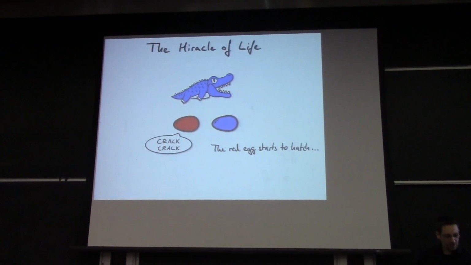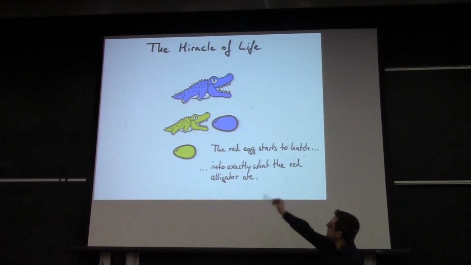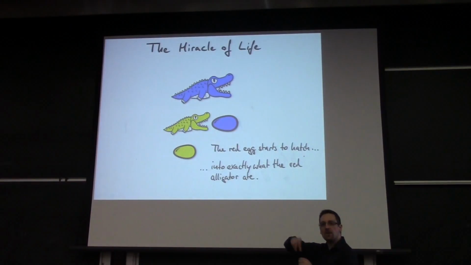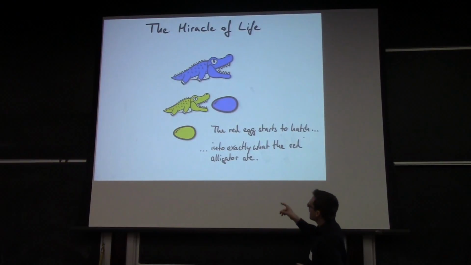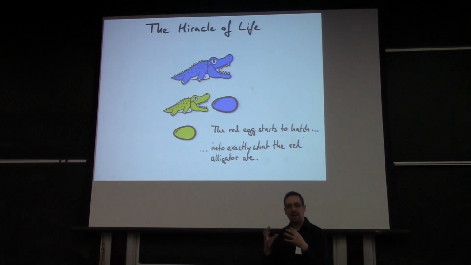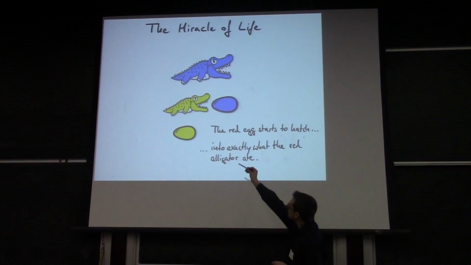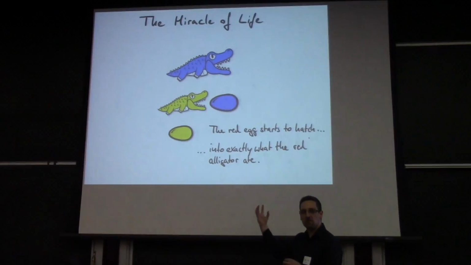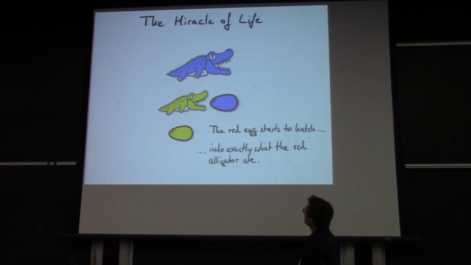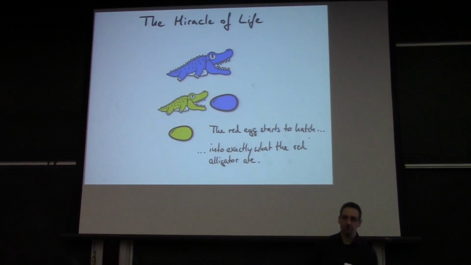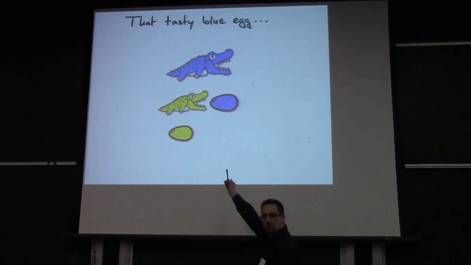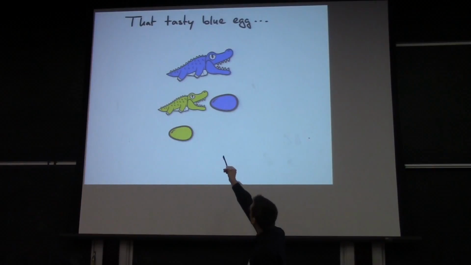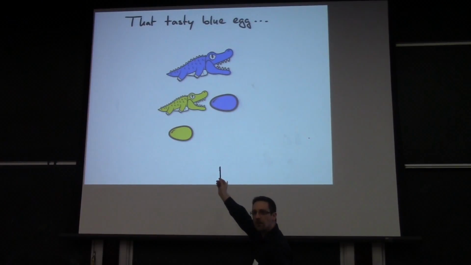And now, the miracle of life. We had this red egg here, which was the same color as the alligator that ate this yellow family. So this red egg hatched, and we just created a fresh copy of the stuff that was eaten before. This is now the new family that we get. You can see we have the same situation again. We have a hungry alligator, and there's something to the right of the hungry alligator.